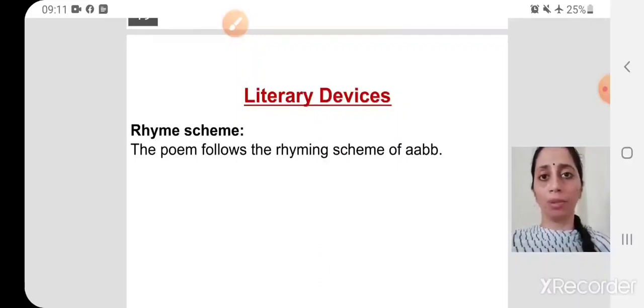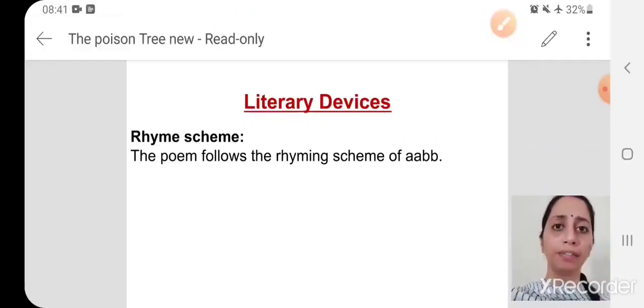The last words of the lines, when they sound similar, we denote alphabets to the lines. And if the sound is the same, the alphabet is also the same. Clear? So that is what rhyme scheme is. And how do we identify that? The last words of the line, depending on the sound, we denote alphabets to them.